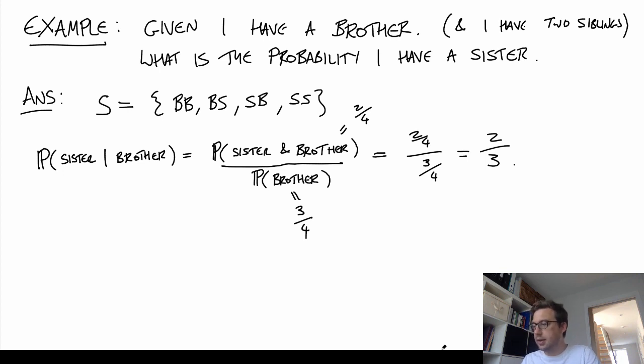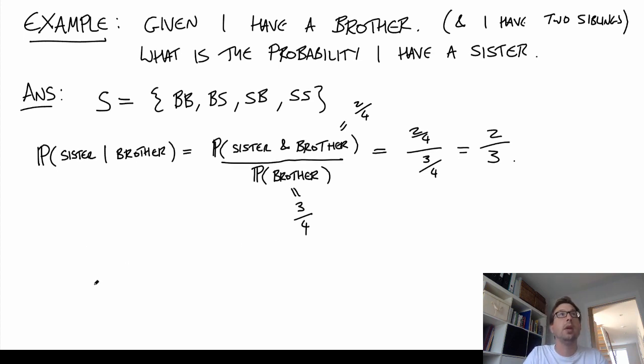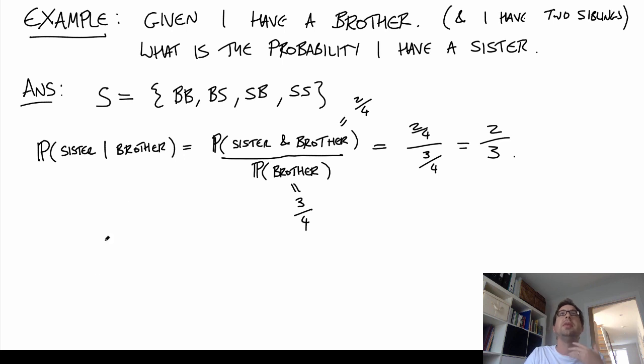That can come across as a little bit counterintuitive at first. The reason this is unintuitive is because I haven't specified the order at which that brother occurred. So I could slightly change the condition. Let's change the condition a bit. Example continued.